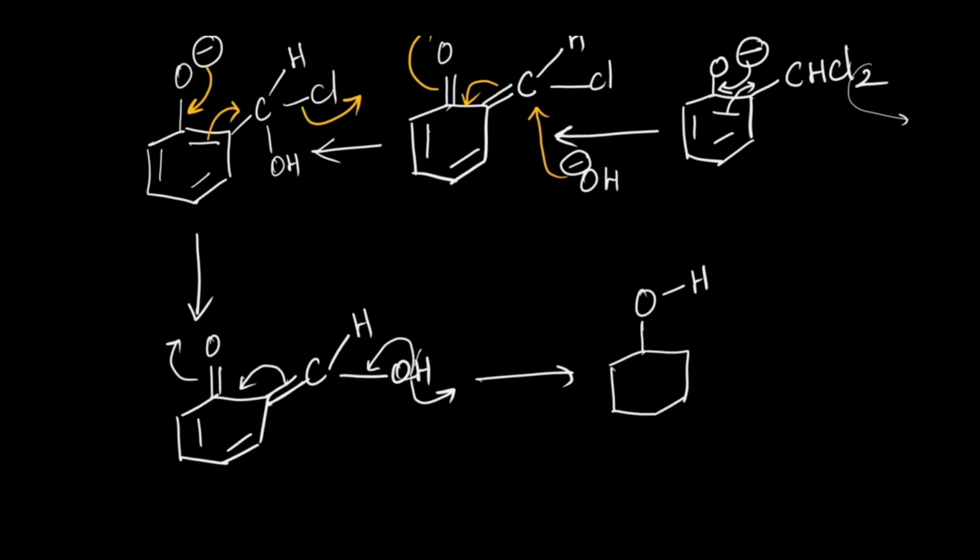That H plus will be taken over by our O minus to form our end product as CHO. So this is our Reimer-Tiemann end product, which is also called salicylaldehyde.